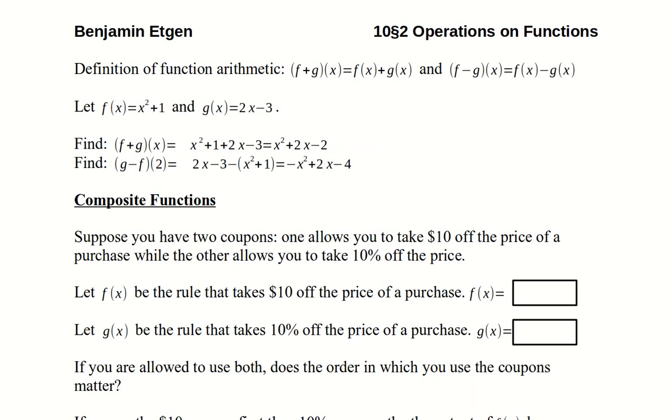And then the negative sign attaches itself to the x squared, it changes the sign on the 1, and we get negative x squared plus 2x. And then we are supposed to substitute 2 into that, so that'll mean squaring 2. 2 squared is 4, that changes its sign to negative 4. 2 times 2 is 4, so those go away and leave us with negative 4.